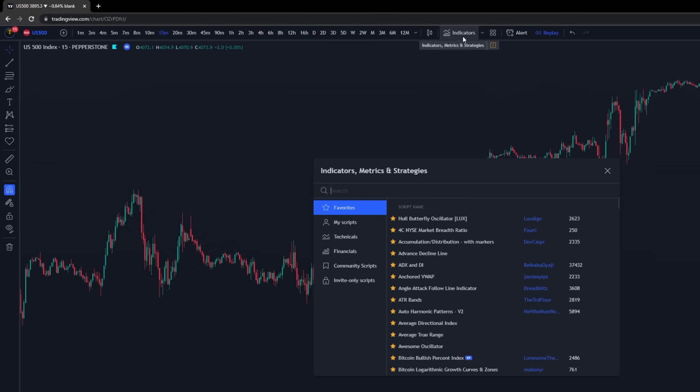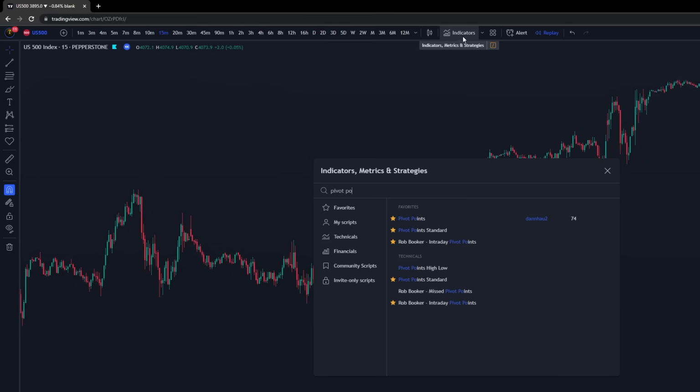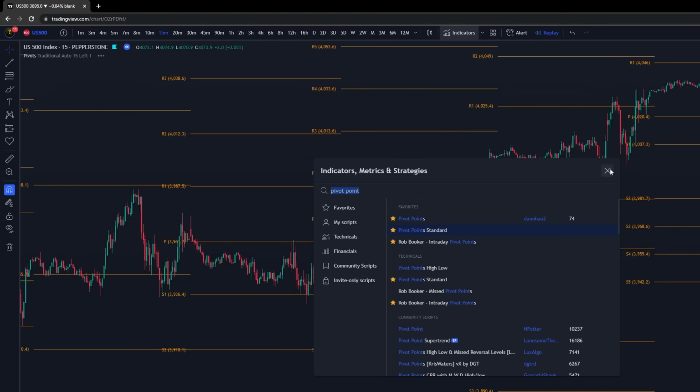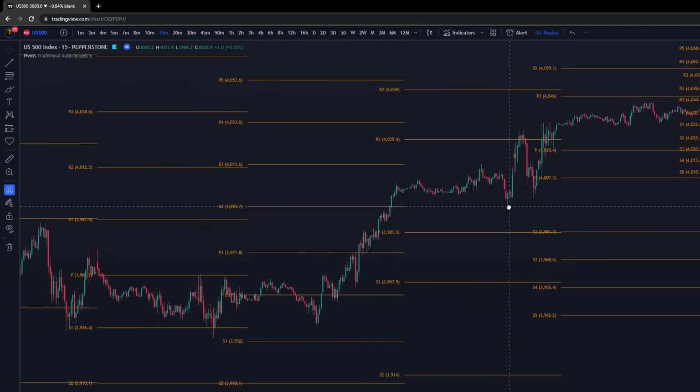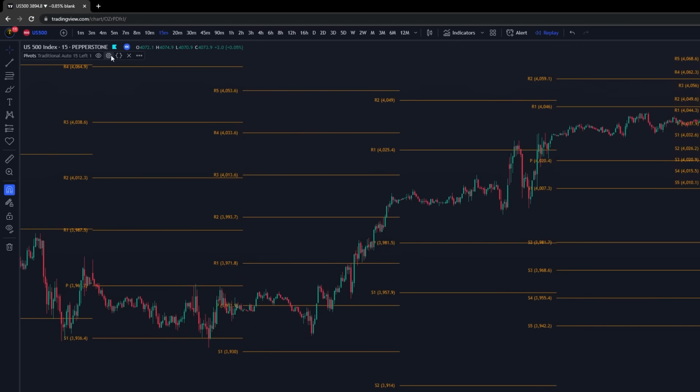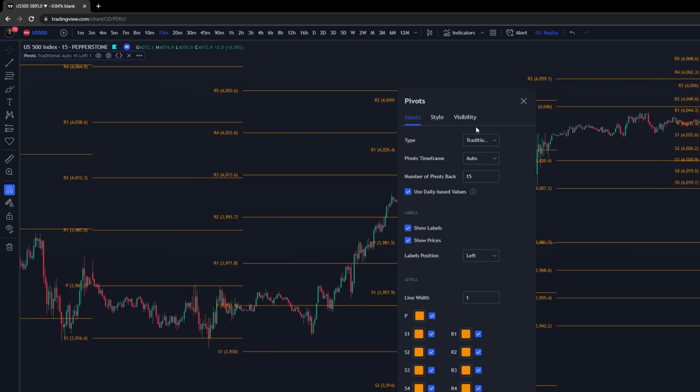TradingView offers an inbuilt pivot point indicator that will do all these calculations for you and plot them on your charts, saving you the time and effort. By default, the traditional pivot point is selected, but let's dive into the different types of pivot points and examine their similarities and differences.